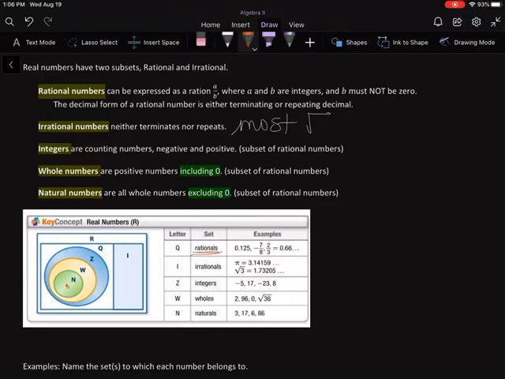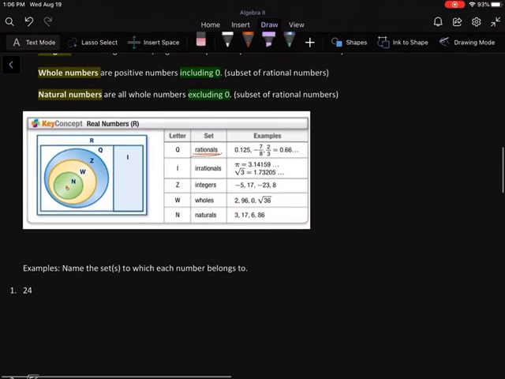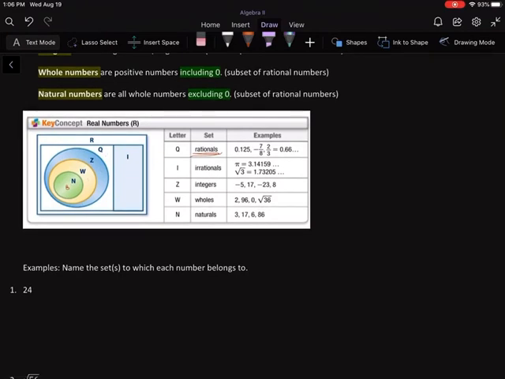Okay? So if we come down here, name the set or sets to which each number belongs. So automatically off the top, we know it's a real number. And then 24, where does that fall? It is a positive integer, right? It's a positive counting number. So I know it's natural.